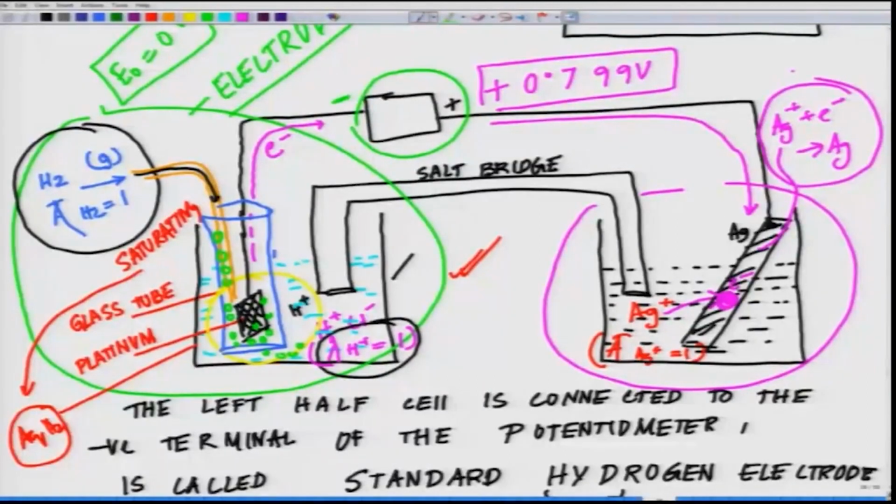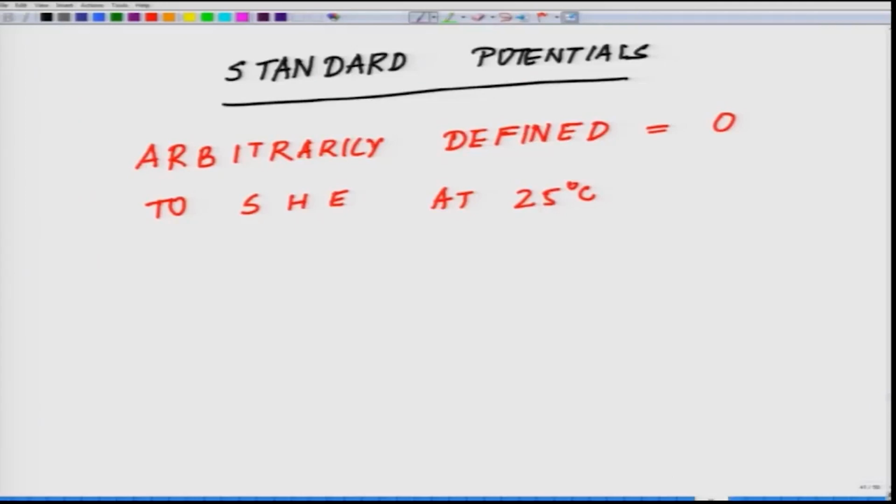This is a reduction reaction which is happening, and your potentiometer is showing a voltage of positive 0.799 volt, and this is a very important value because this is essentially the standard reduction potential.